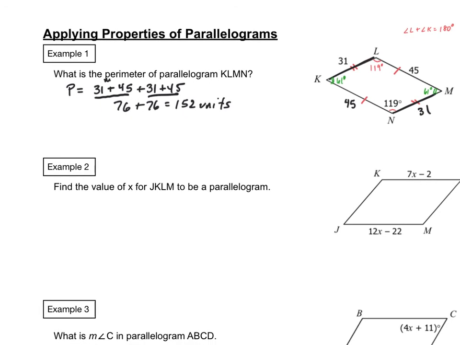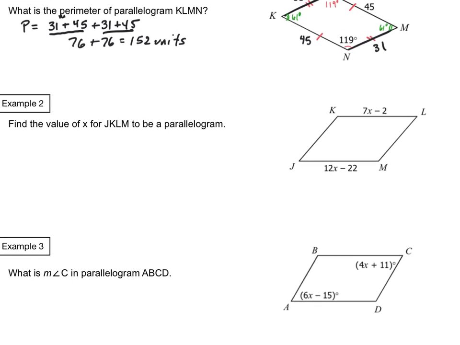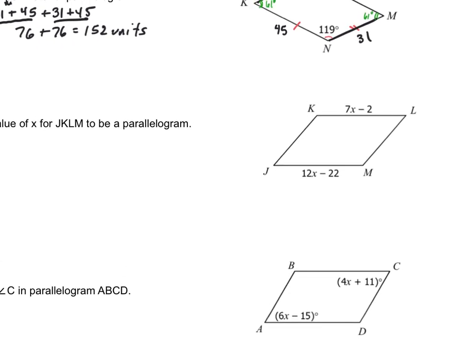Example number 2. Find the value of x for JKLM to be a parallelogram. So what is the value of x that would prove that this quadrilateral JKLM is a parallelogram? Well, in that case, look at these two sides right here.